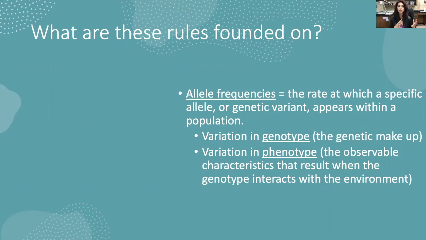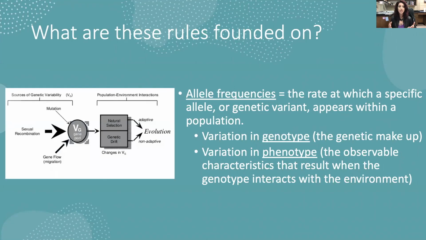These allele frequencies or genetic variants have variability in their genotype, so the gene makeup, and also, as a direct result of the genes, a variation in phenotype, which is the observable characteristics that result when the genotype interacts with the environment.